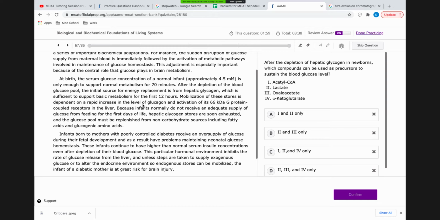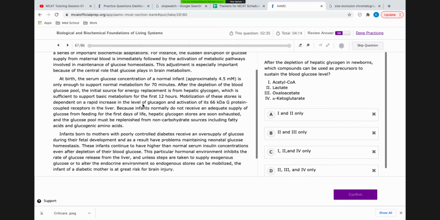Okay, I just have to remember what is used in gluconeogenesis.